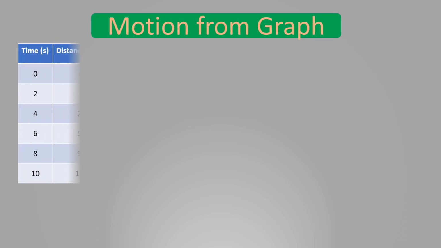So now we're going to analyze and sketch a graph from given data. We can see there is a chart given here, with time, and on the right side distance. It is the data of a car which moved for a certain time, and the distance traveled by the car.